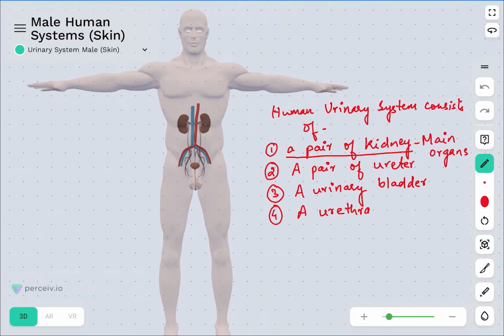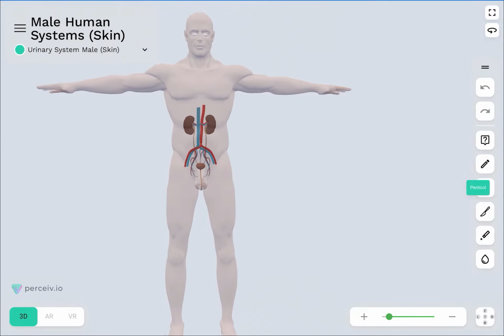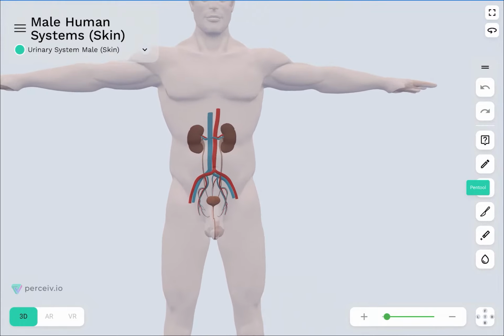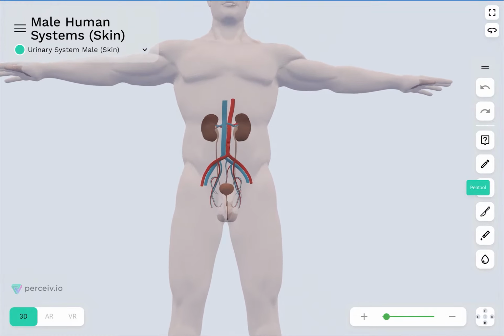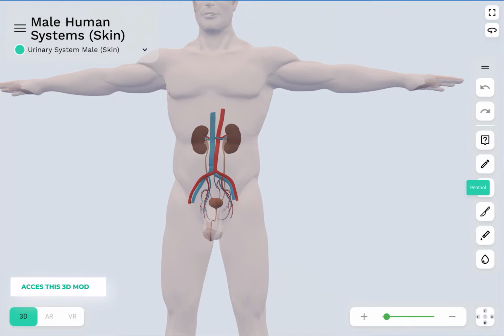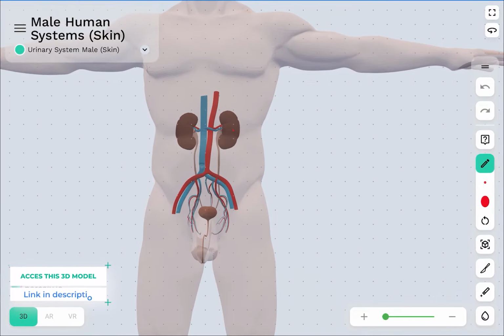We will now see where exactly these kidneys are located. Let me bring the model a little bit to the center and zoom it out. As you can see, these are the kidneys. They are present in a pair: one on the left side and the other on the right side of the body. That's why they are in a pair.